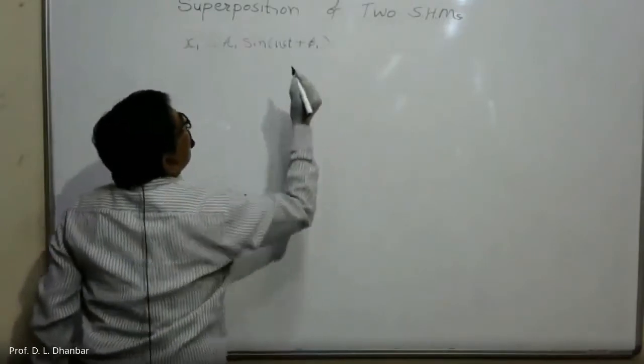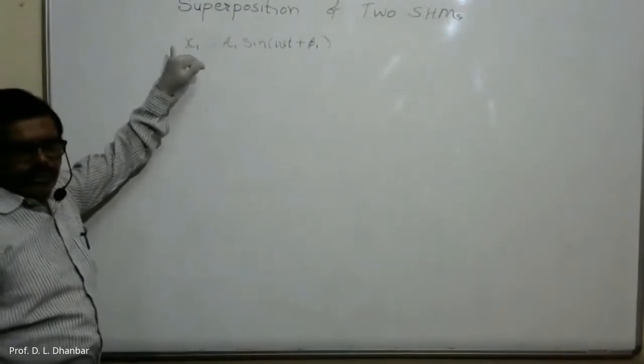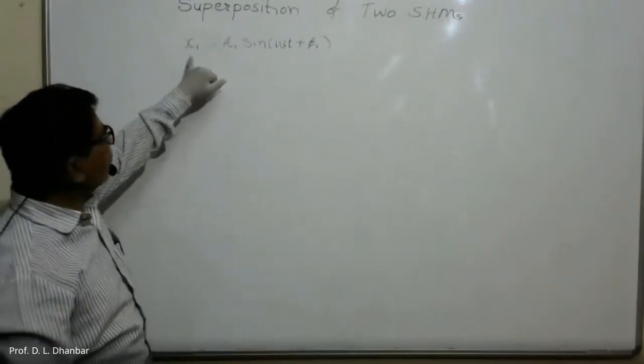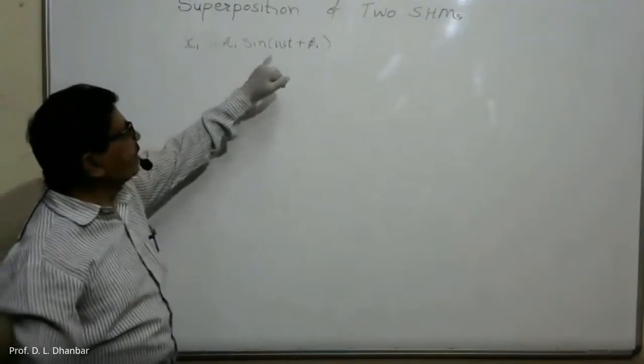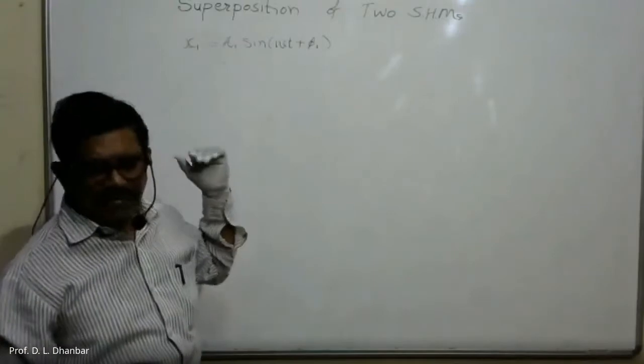This is the displacement due to the first simple harmonic motion, and we call it x1 is equal to a1 sine omega t plus phi 1. This equation we had already seen earlier.